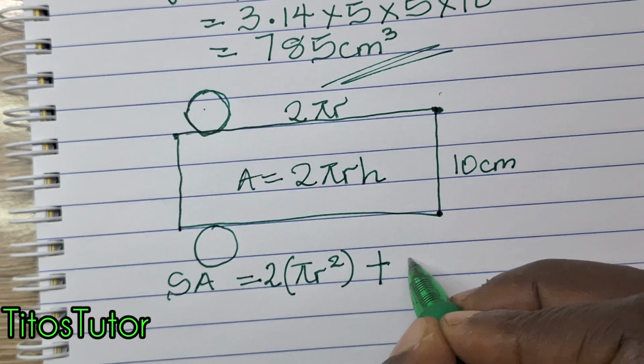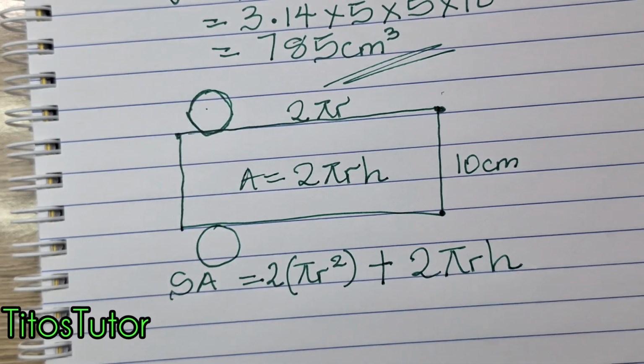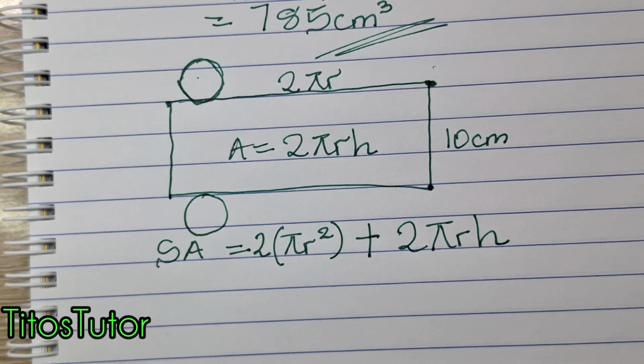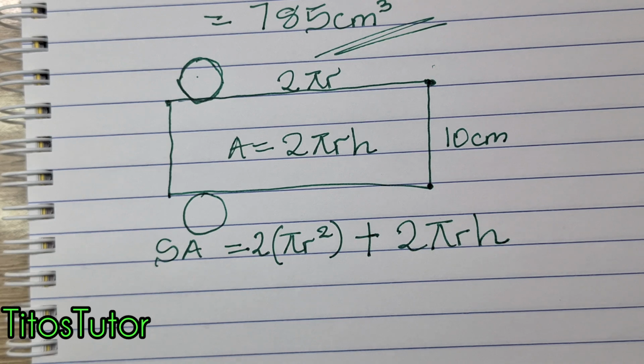So I'm going to add it to 2 pi r multiplied by h. You don't need to cram the formula for total surface area of a cylinder. You just need to understand what they are asking you for, and you'll be able to calculate it.